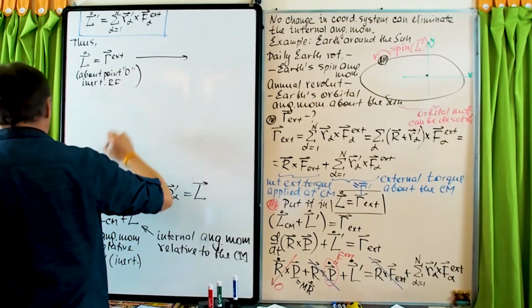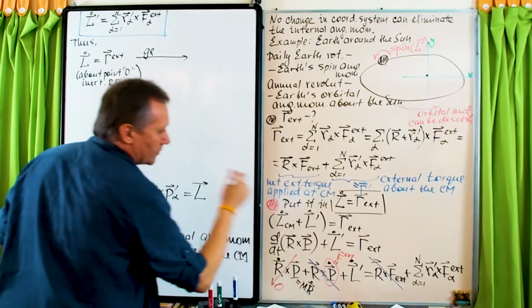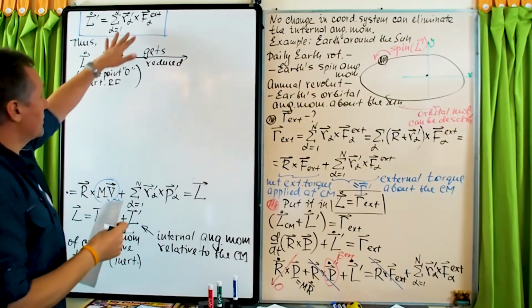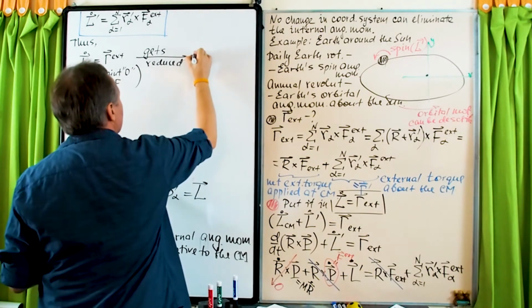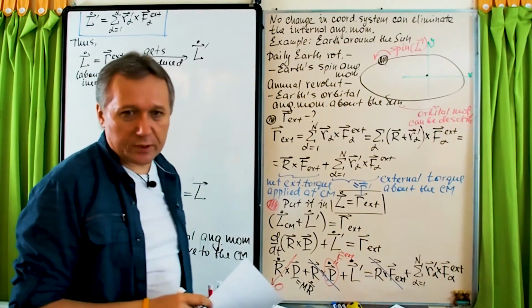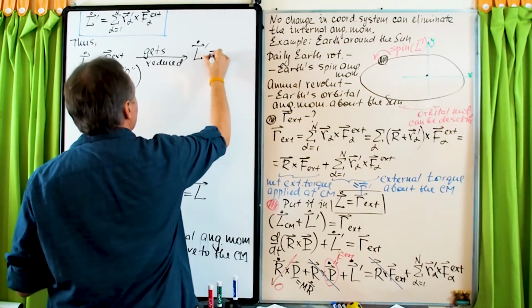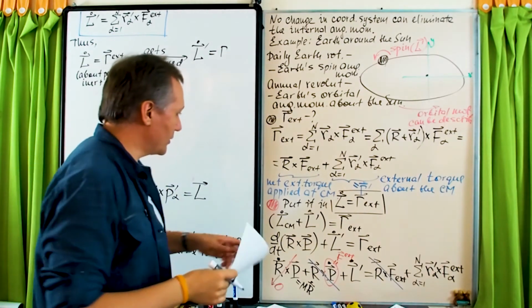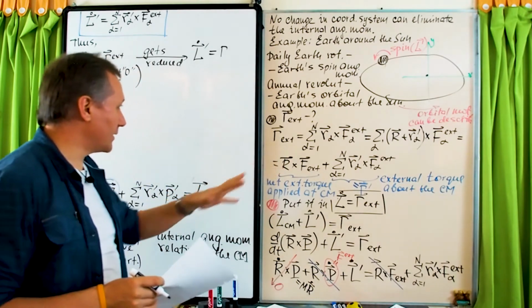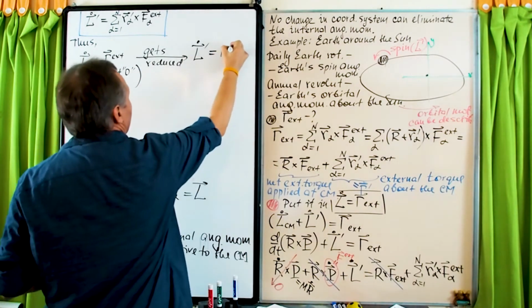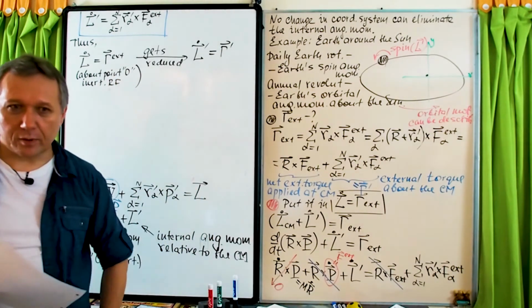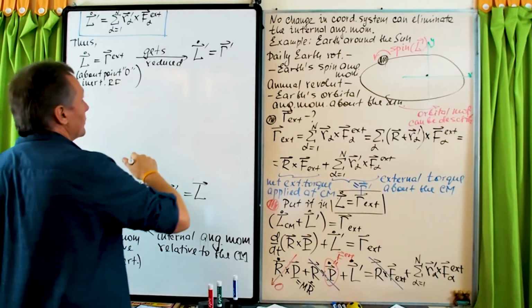And then I will write, so it gets reduced, basically this massage, to this, which is the rate of change of the internal angular momentum, spin angular momentum, equals, that's what I was searching, gamma prime, which is basically the net external torque about the center of mass point.